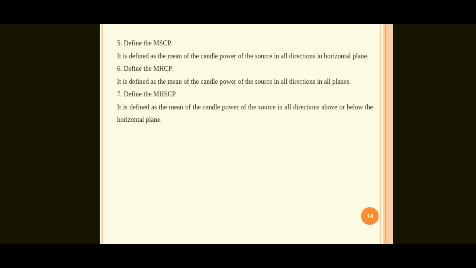Next one, define the mean spherical candle power. It is defined as the mean of the candle power of the source in all directions in all planes.